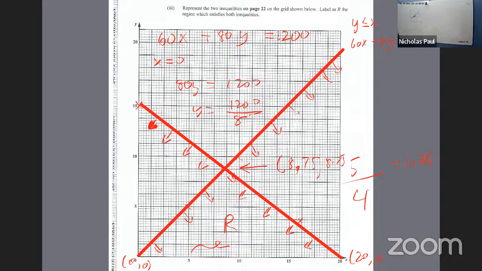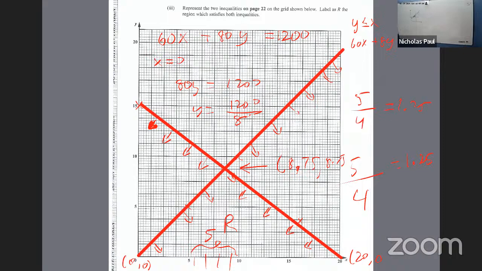From 5 to 10, that value is how much? 5, right? So we need to figure out how many blocks between 5 and 10. You have 20 small blocks, or 4 big blocks: 1, 2, 3, 4. So 5 divided by 4 is 1.25.